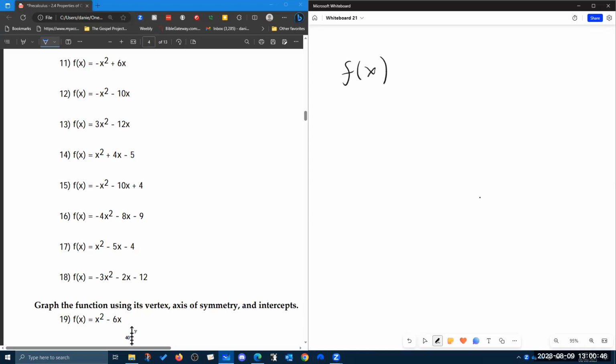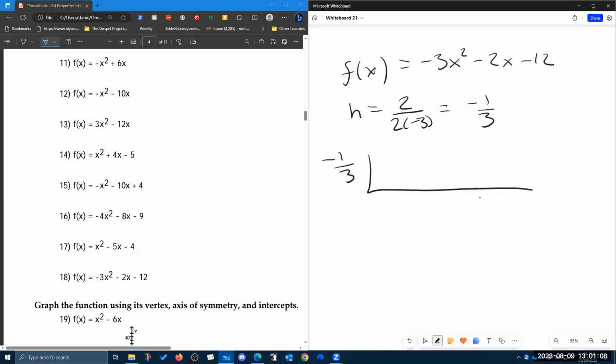f(x) is equal to negative 3x squared minus 2x minus 12. So our x coordinate is going to be negative b over 2a. It's going to give me a negative 1/3. We have negative 3, negative 2, negative 12, a positive 1. It's going to be positive 1/3.